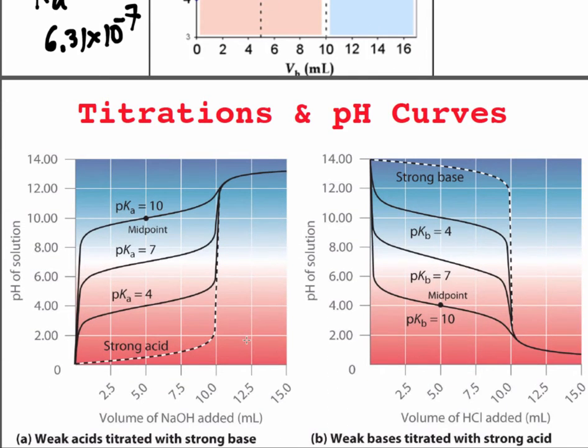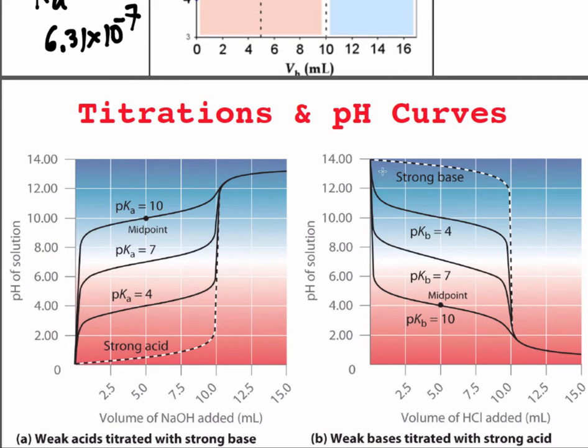It's always true. So if my equivalence volume is 10 milliliters, half that is 5 milliliters. Doesn't work with a strong acid, but a pH of 4 gives a pKa of 4 halfway, so this is the stronger acid, and the weaker acid, and the weakest acid has a pH of 10 at the halfway point, and the Ka would be 10 to the negative 10. 10 to the negative 10 is a pretty weak acid.